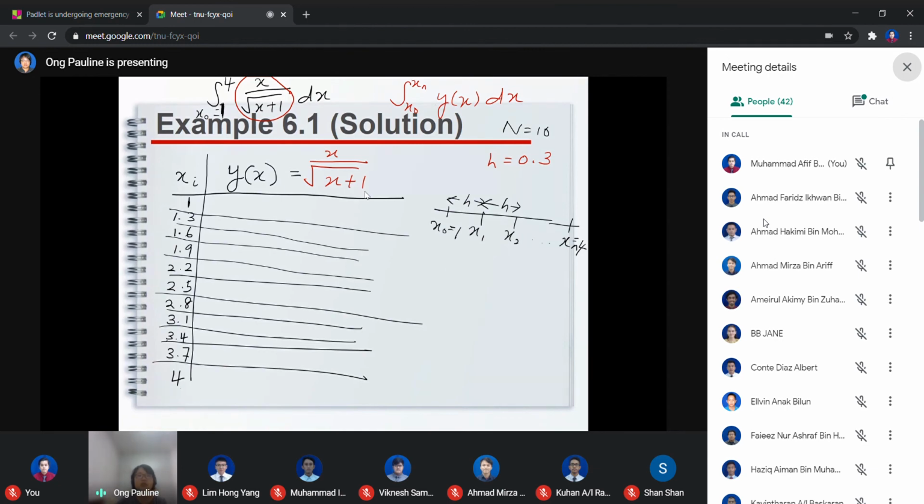Now let us try to formulate this in the calculator, and find out the value of y when x takes the value from 1 to the subsequent values. I use 4 decimal places here.